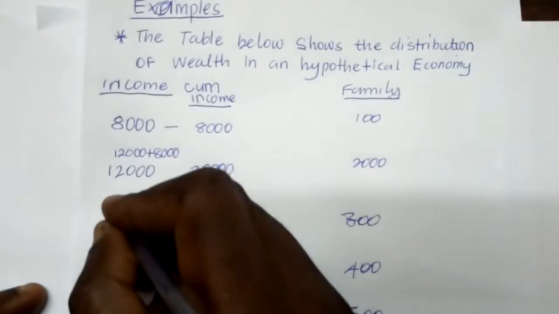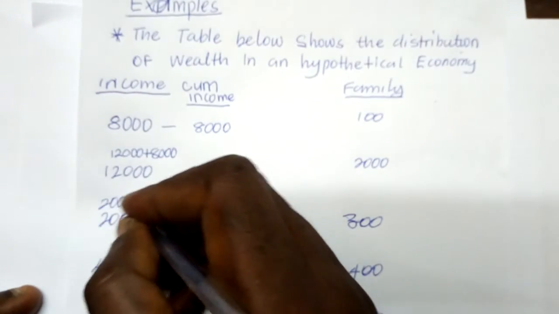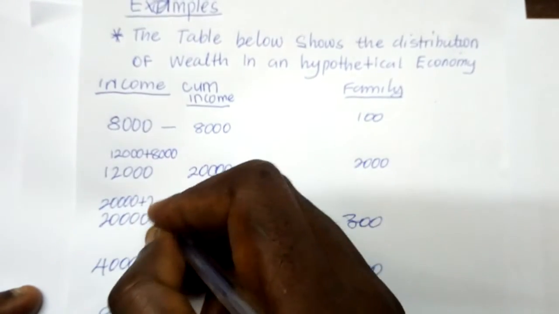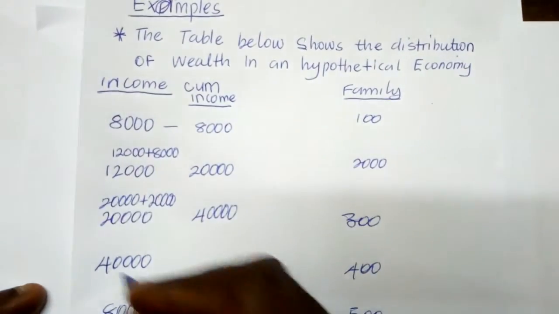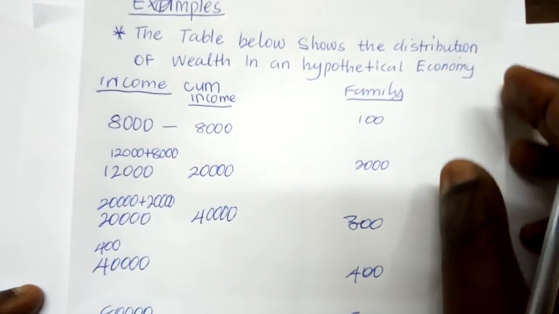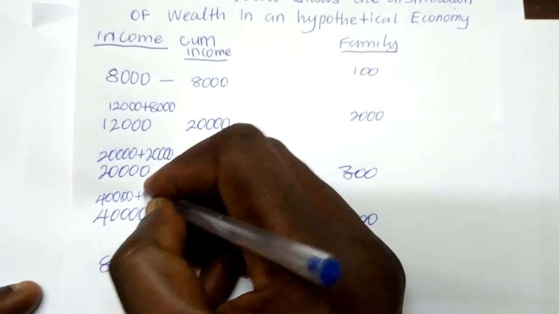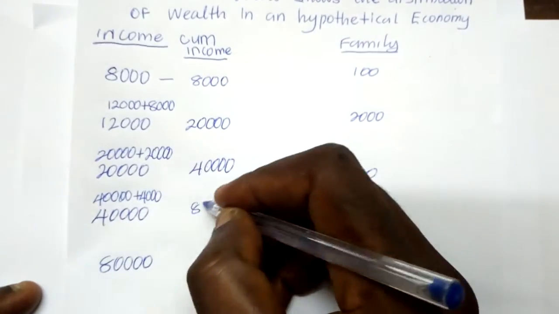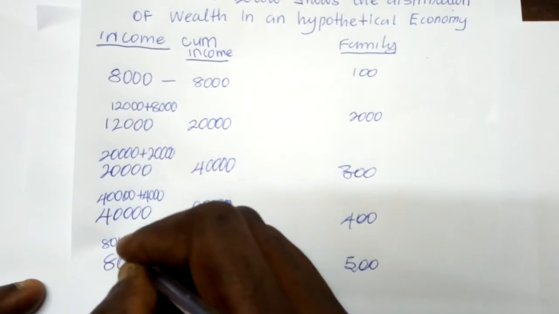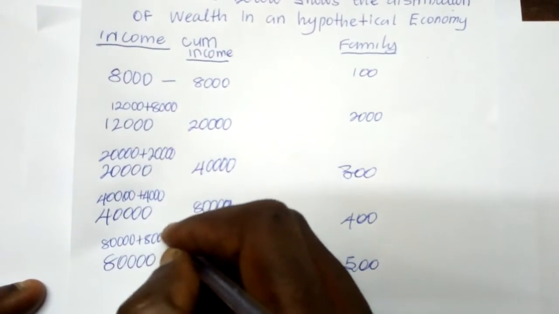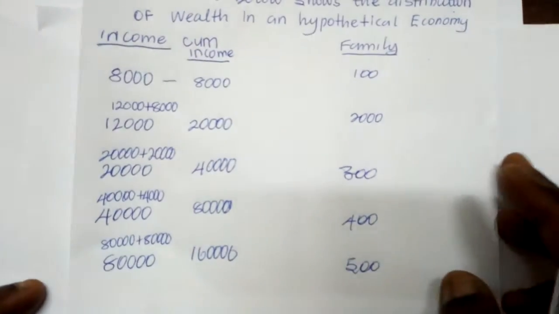Then 20,000 plus 20,000 will give us 40,000. Plus 40 to give us 80,000. Then 80 plus 80,000 will give us 160. That's how to get the cumulative.